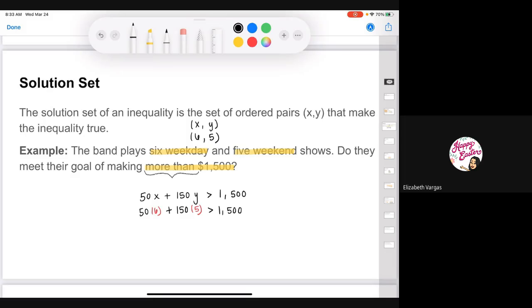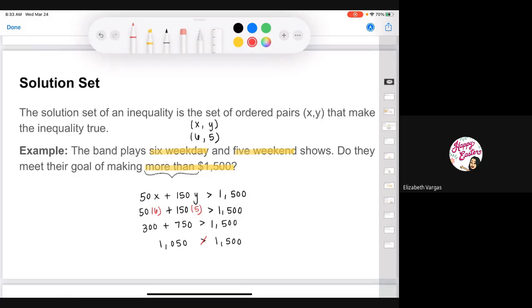Okay, 50 times 6 is 300. 150 times 5 is 750. And we want to make sure that that is more than 1,500. So when I add those together, I get 1,050, and 1,500. And what I'll realize is that 1,050 is not greater than 1,500.